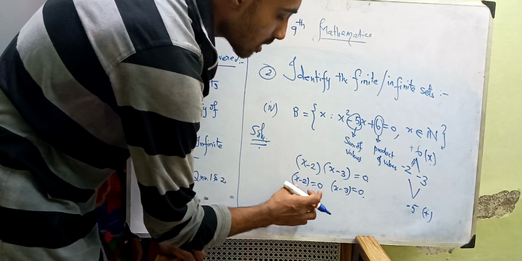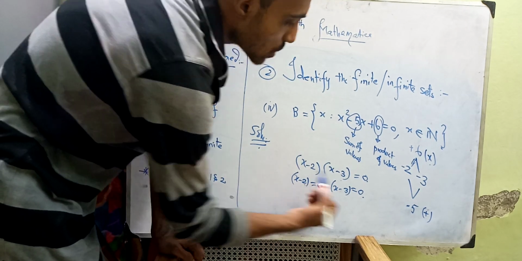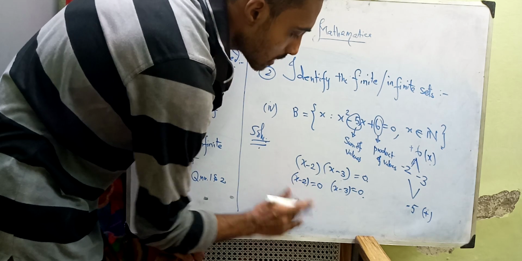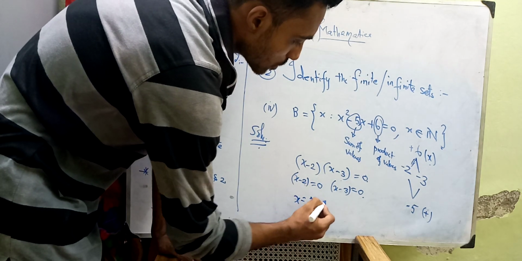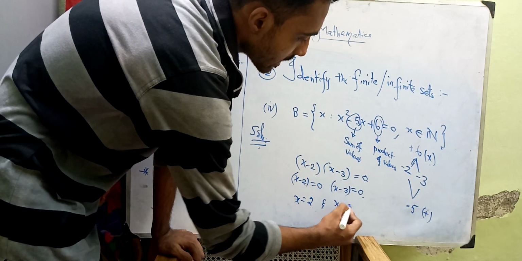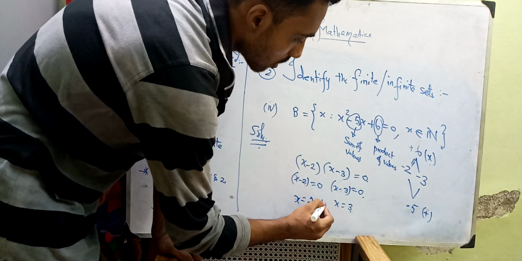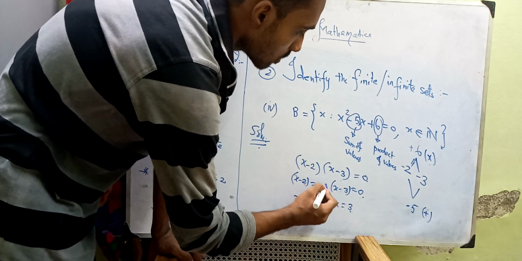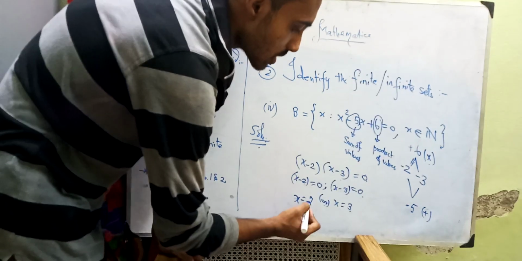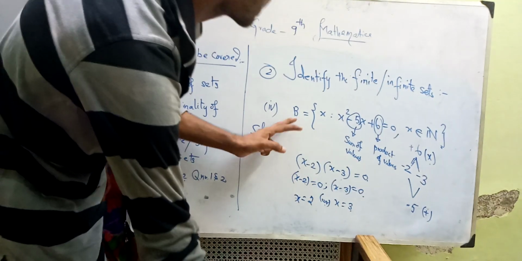So I can take minus 2 to that side. It is going to be x equal to 2 or x equal to 3, not and, or.